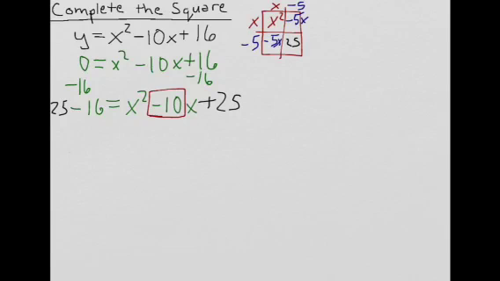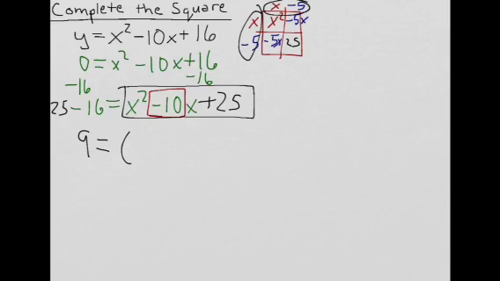and that's going to give us 9 equals, and when we rewrite the right side, we're going to write it in our factored form. So the x minus 5 times x minus 5, which can be written x minus 5 squared. At this point, we now know the vertex as it's exact opposites here.